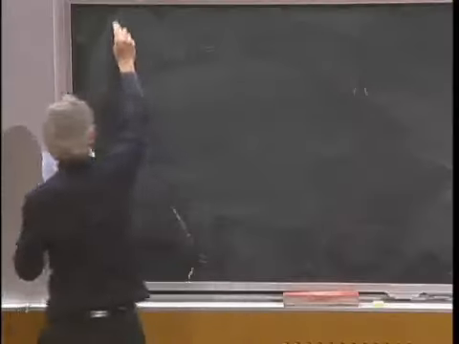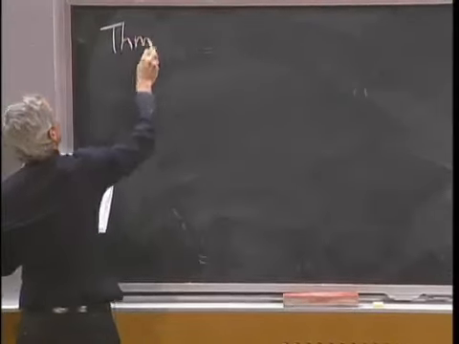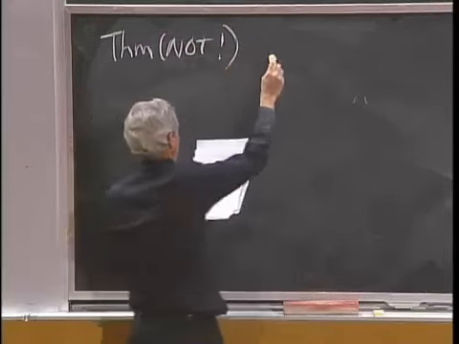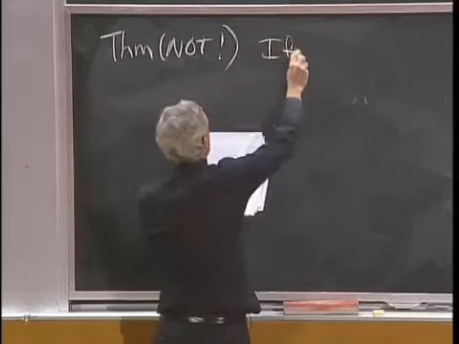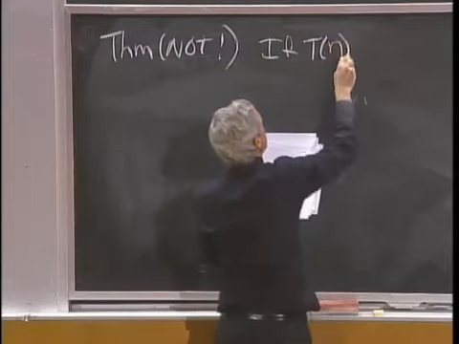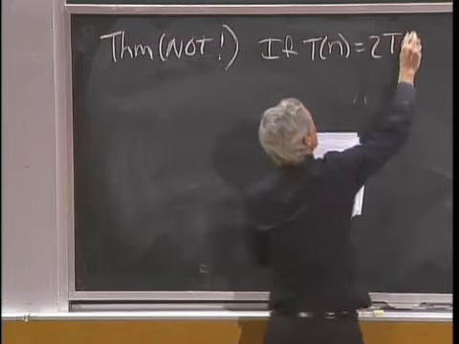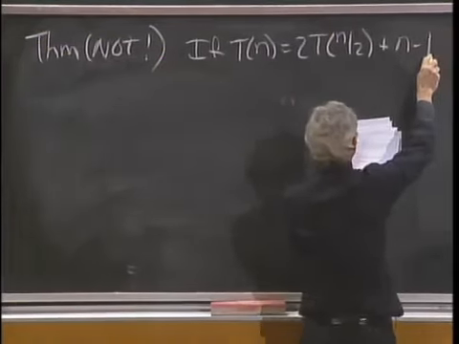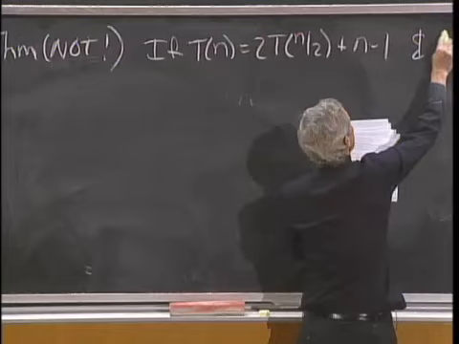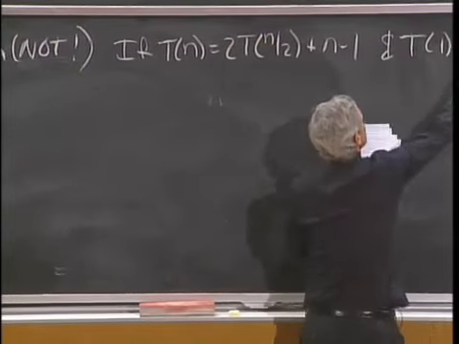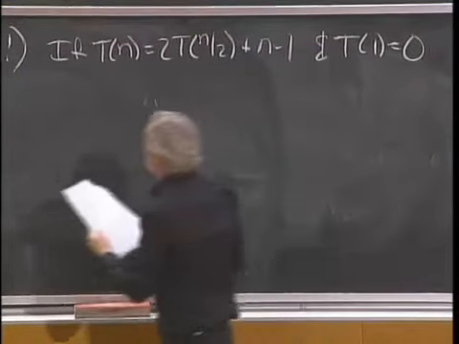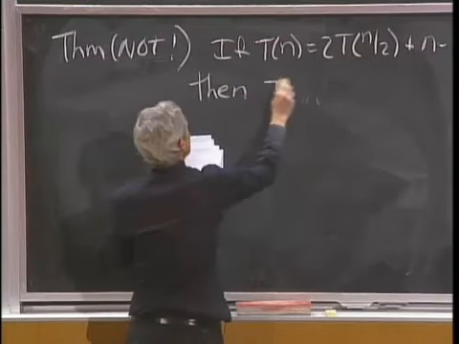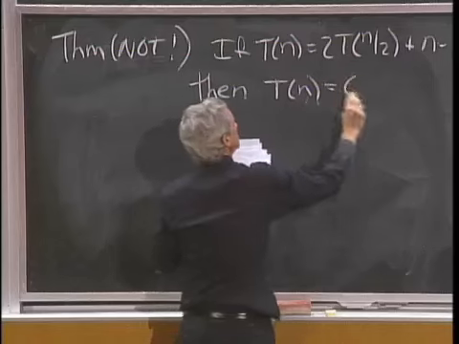Theorem, not: if T of n equals 2T of n over 2 plus n minus 1, this is the recurrence we had for merge sort, and T of 1 equals 0, then I'm going to prove that T of n is O of n.